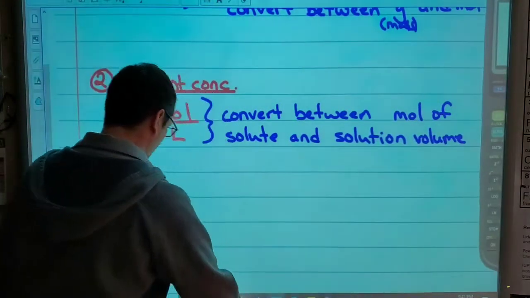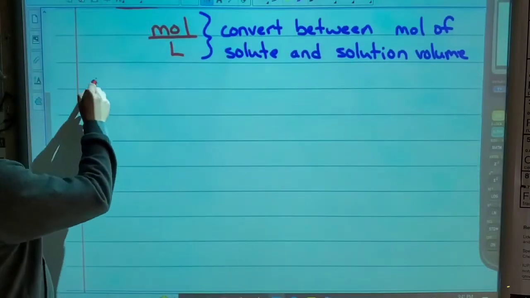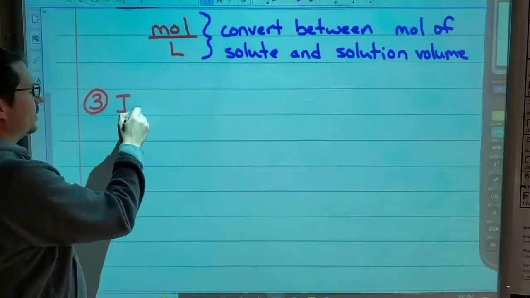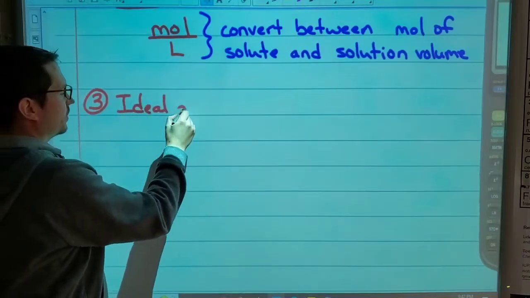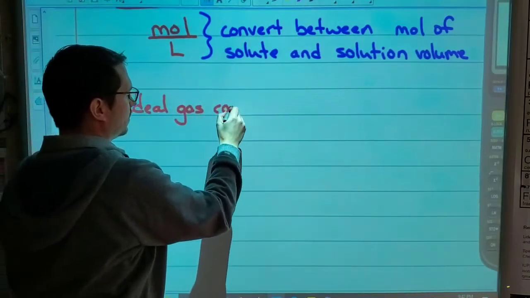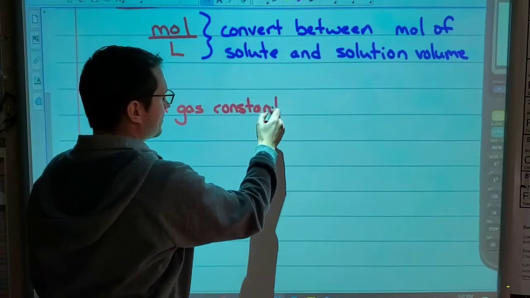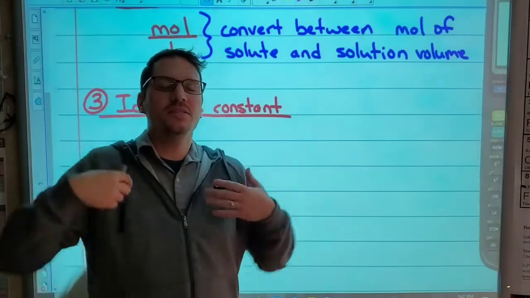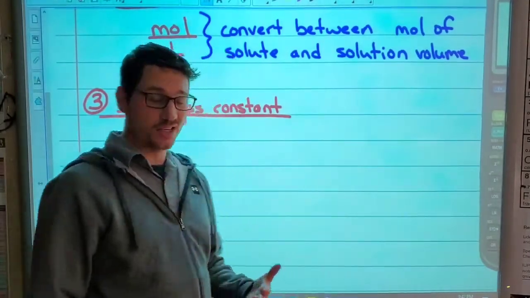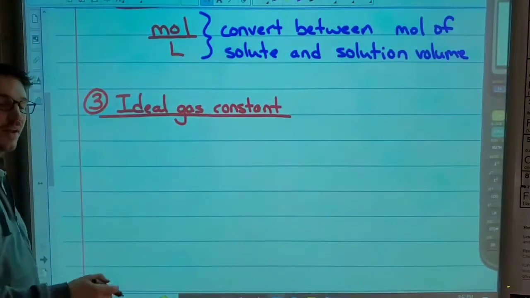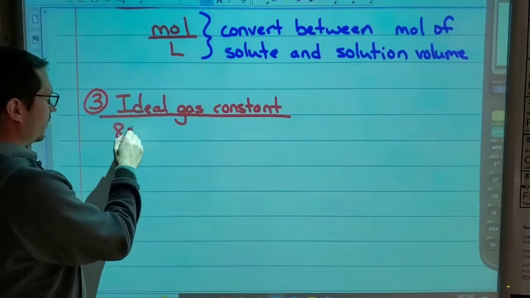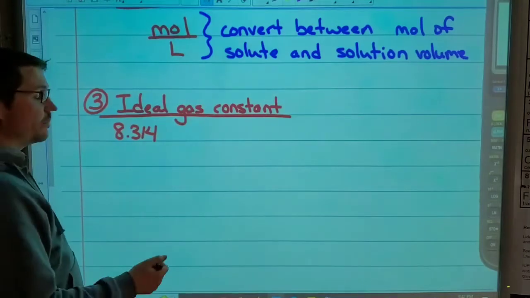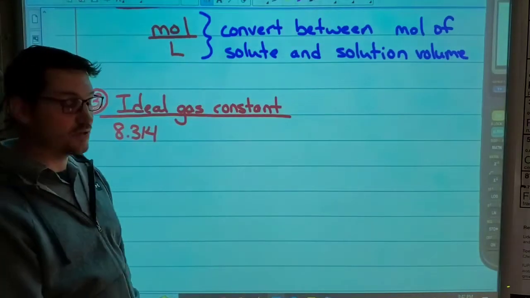And then the last one that we really want to talk about is the ideal gas constant. I don't care about the number right now. Obviously, I care about it when we're talking about the calculations, but I don't really care about the number. It's 8.314, sure, whatever. But it's important to understand that both liters and kilopascals are on top.